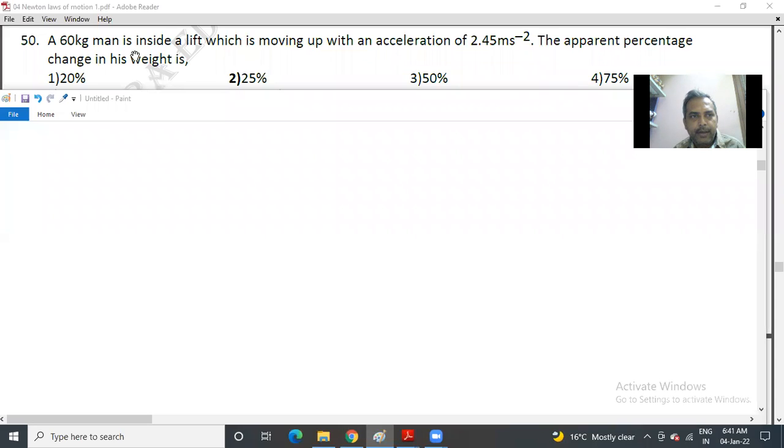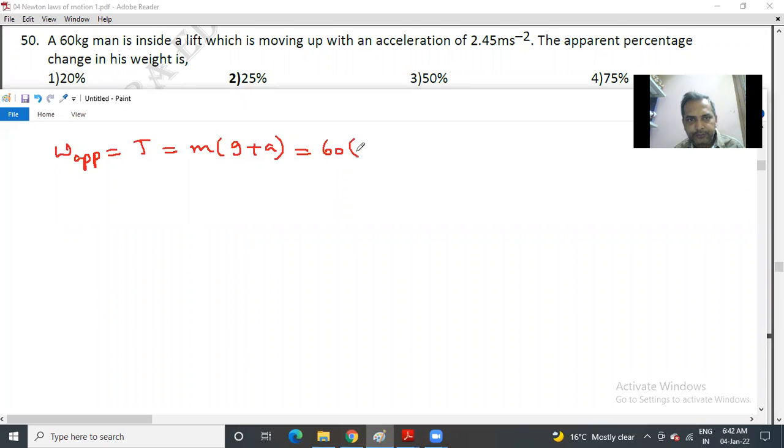A 60 kg man is inside a lift which is moving up with an acceleration of 2.45 meter per second square. Find the apparent percentage change in his weight. When the lift is moving upwards, apparent weight itself is tension, M of G plus A. Mass is equal to 60 kg.